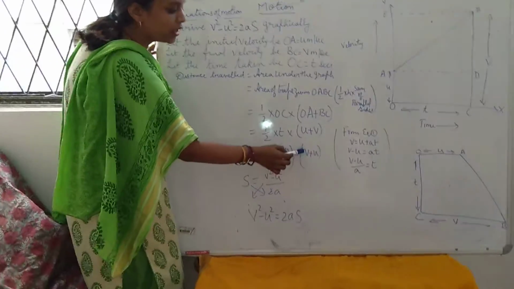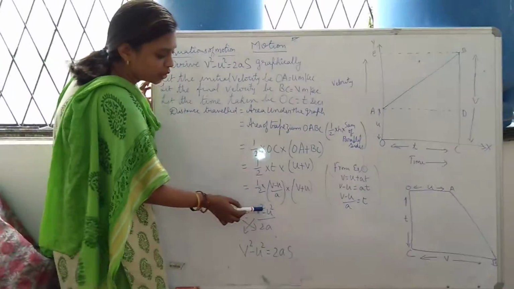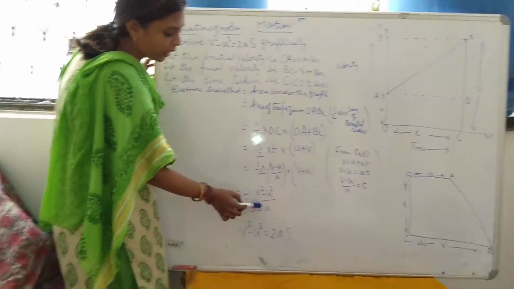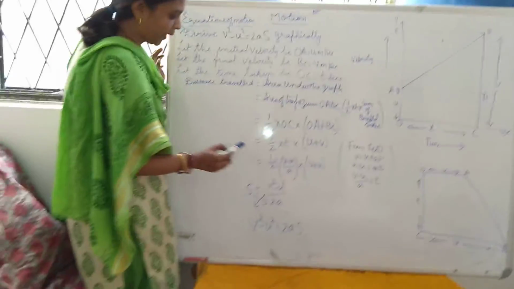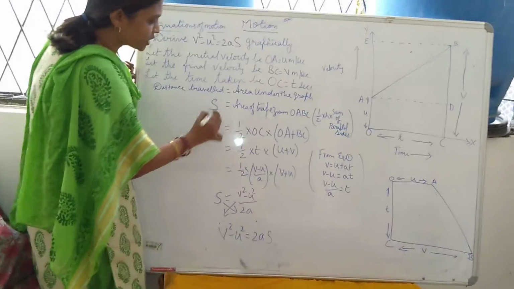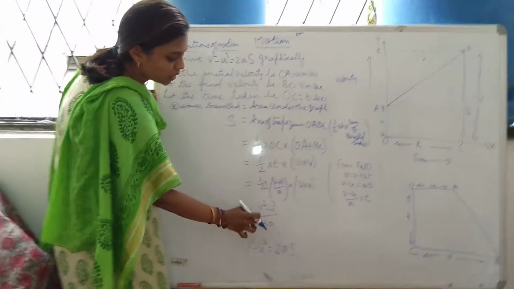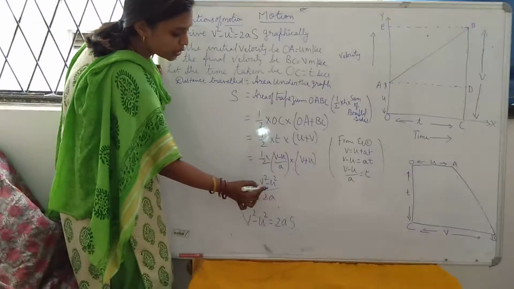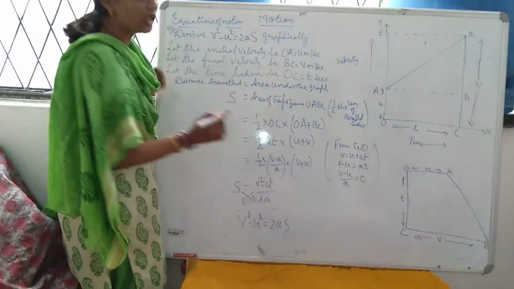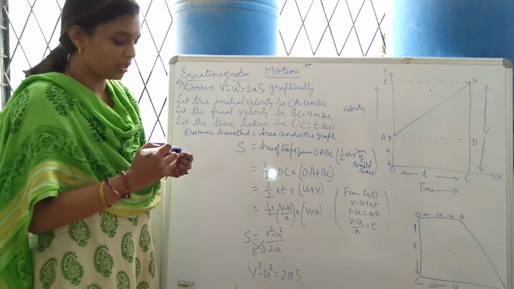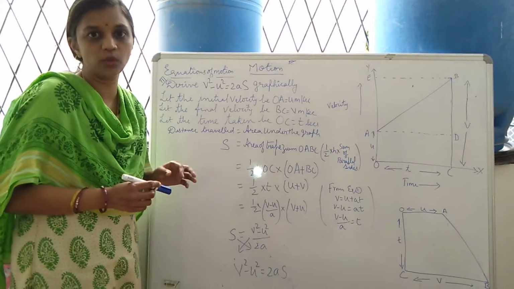So v minus u into v plus u is v square minus u square, divided by 2 into a. Denominator you will be having 2a. And the distance travelled is s, no? So s you will write here. v square minus u square is equal to 2a s. If you do the cross multiplication, v square minus u square is equal to 2as. This is the final derivation, the third equation of motion, graphical.